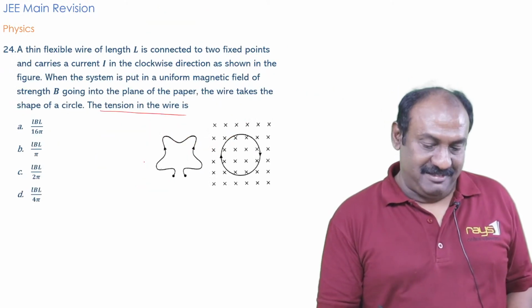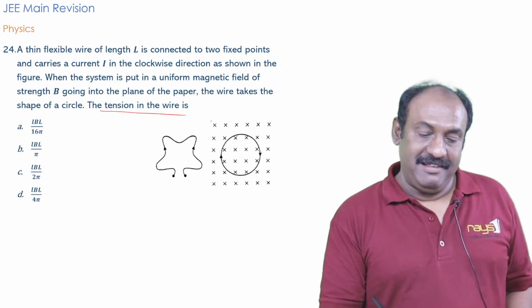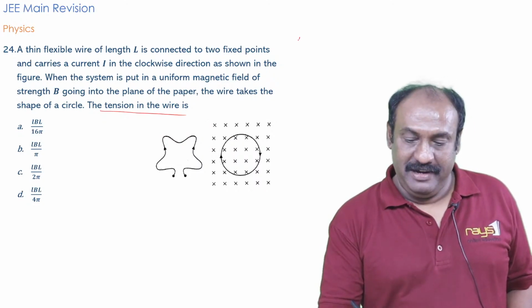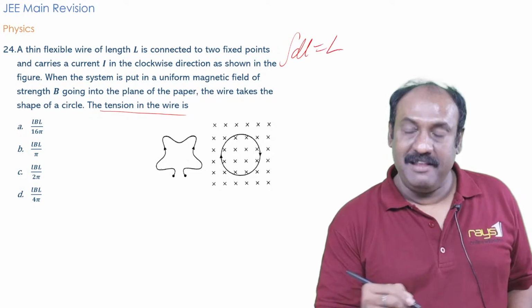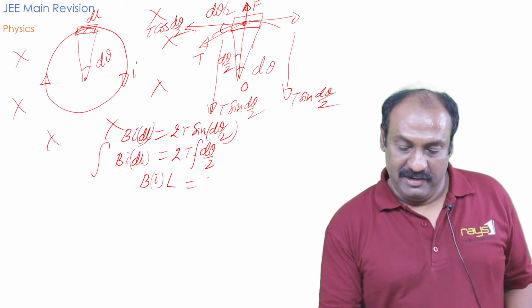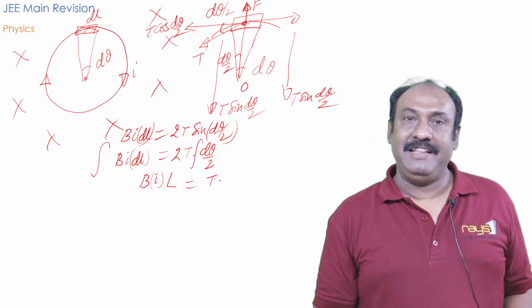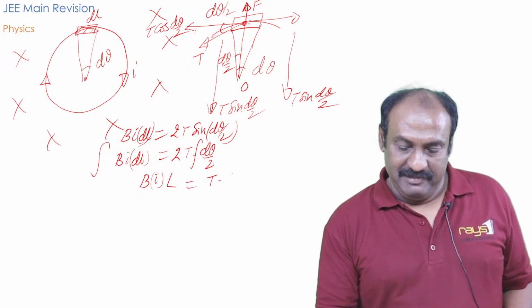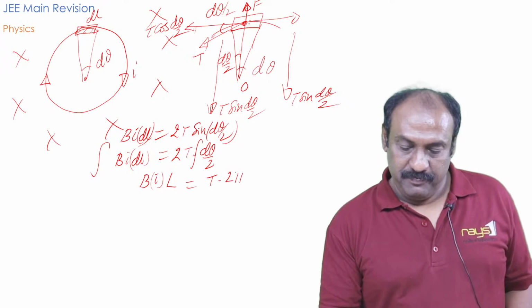The length of this segment is given as capital L. So the integral of dl is equal to capital L, which is given in the data. Therefore, capital L equals, the 2 gets cancelled, T into the integral of d theta. The integral of d theta is 2 pi.